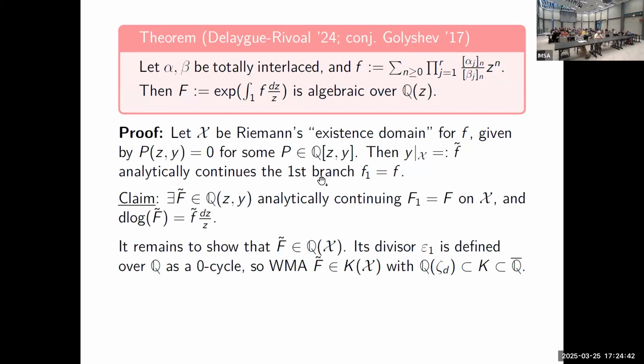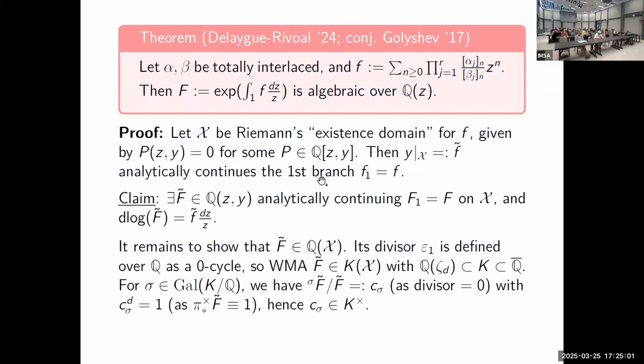If it was defined over C, I can specialize to what's defined over Q bar, and then it's defined over some finitely generated extension. Okay, now for sigma in Gal(K over Q), we can apply that to f tilde and divide by f tilde. That gives a constant because they have the same divisor, right? Because the divisor isn't moving because it was defined over Q.